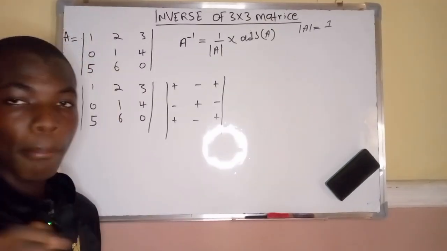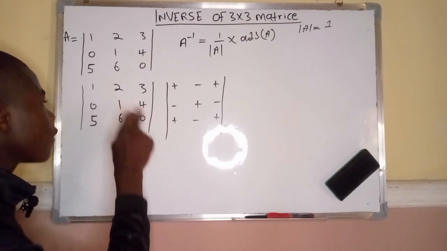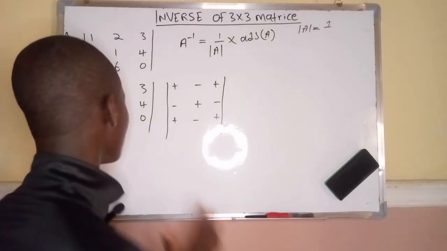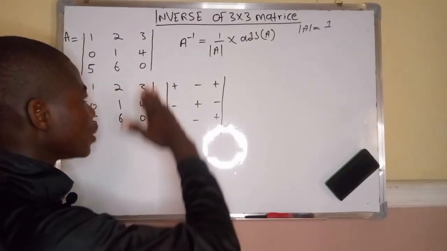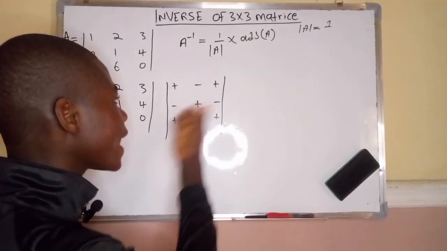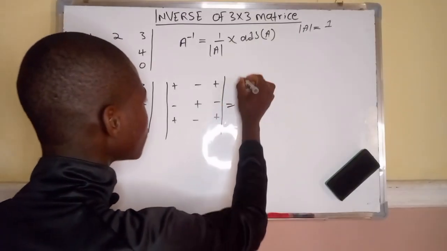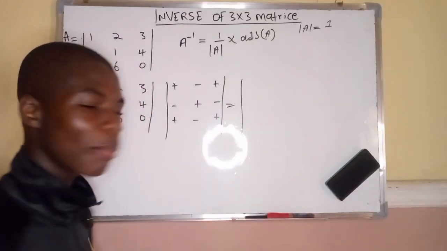I'm going to find the minor of each element. If I find the minor, I will apply the cofactor by multiplying by these signs, each and every sign, in order to form a new matrix.